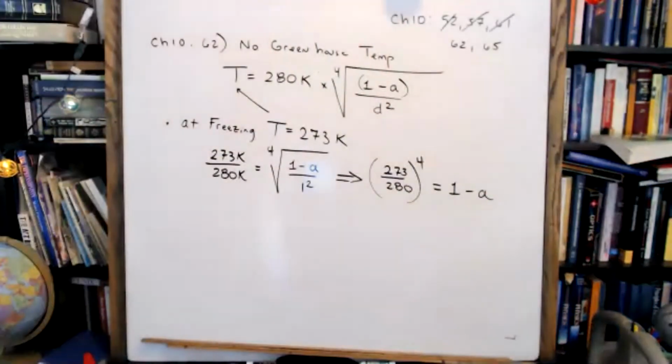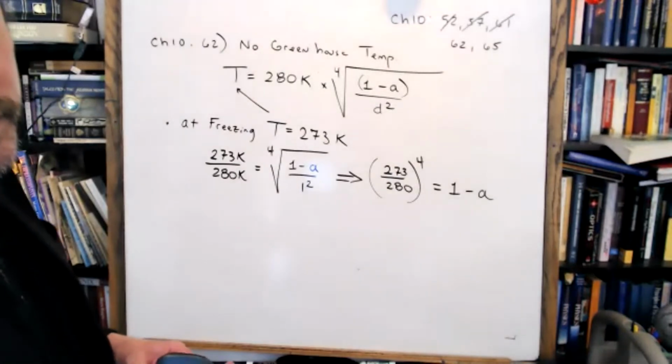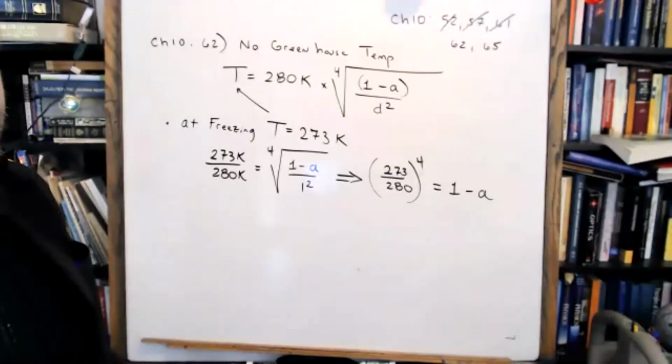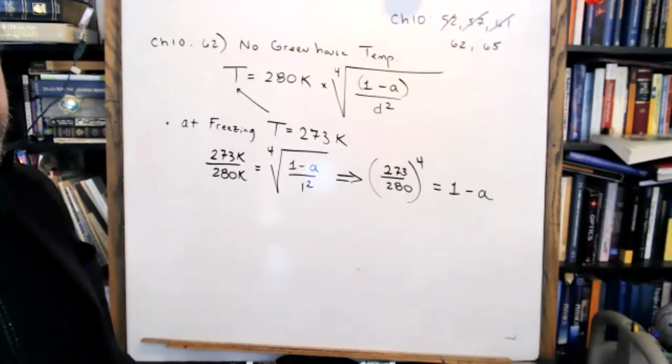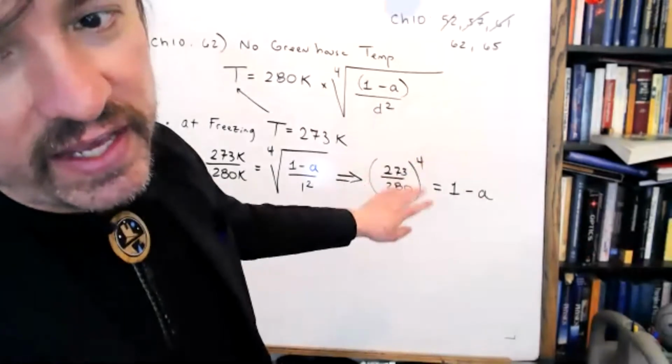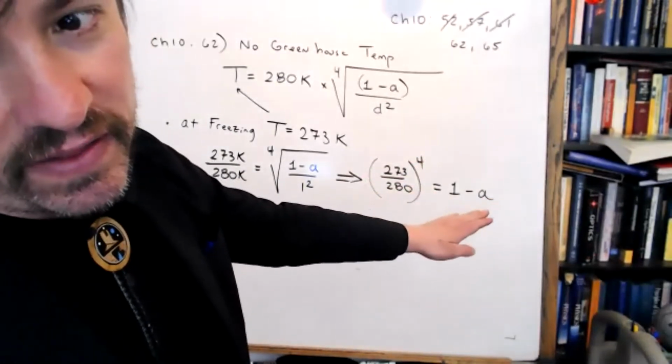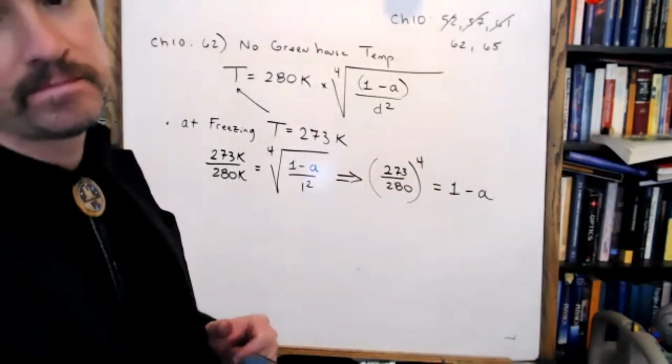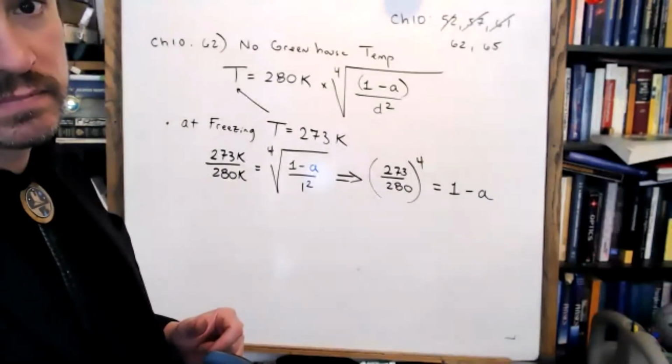How do I solve for the albedo now, Jenna? Something equals 1 minus A. Do you know how to handle that? Oh, I see what you're saying. It's an equation.